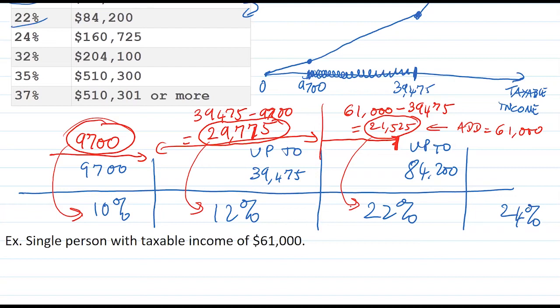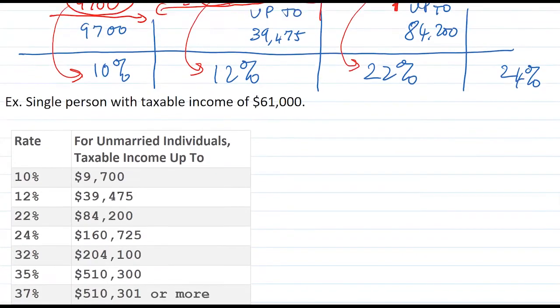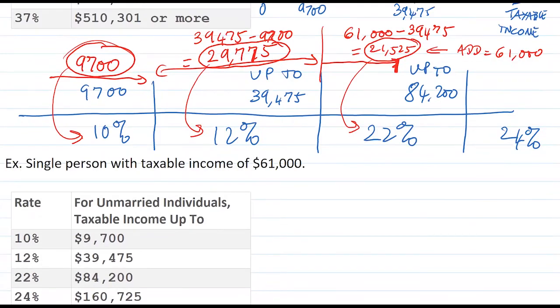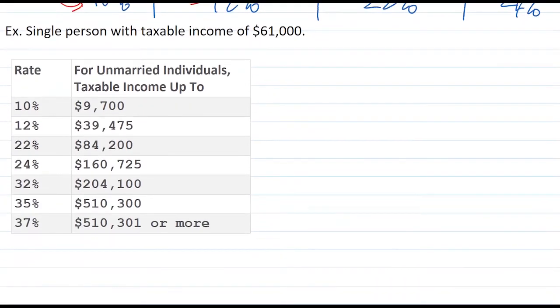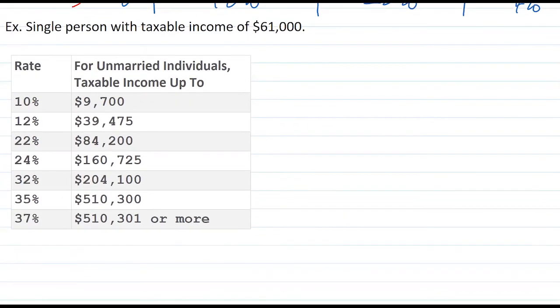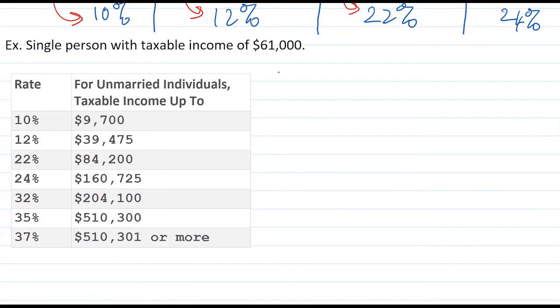Now let me walk you through the steps. How do we do this step by step? When I illustrated, I went from the first dollar to the last dollar. So the first 9,700, and then the next 29,775, and then the next 21,525. When you do this for real, it's actually simpler if you go backward, if you do the top bracket first. Step one, you determine the taxable income.